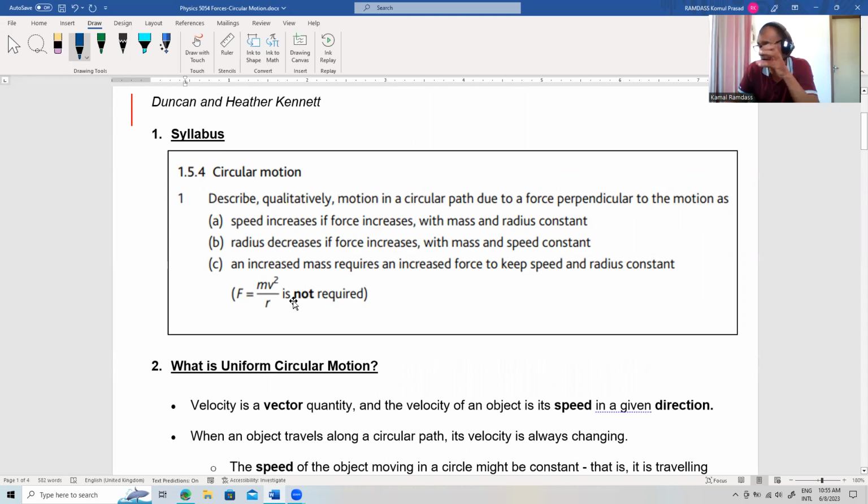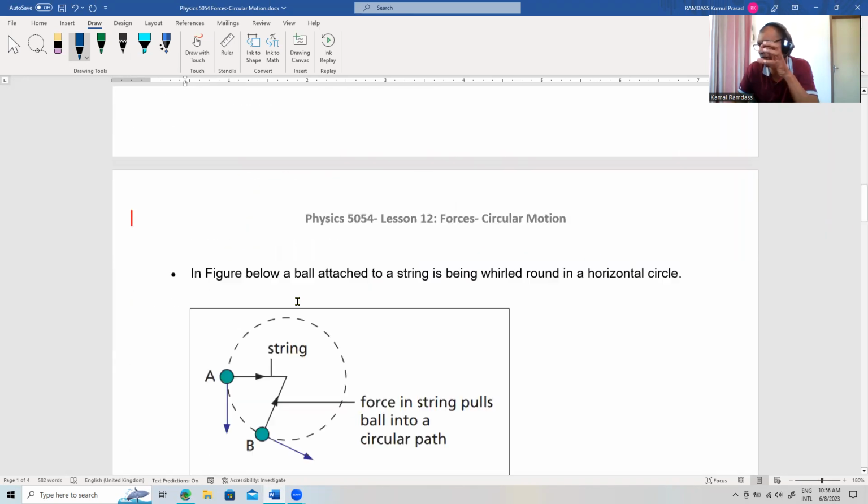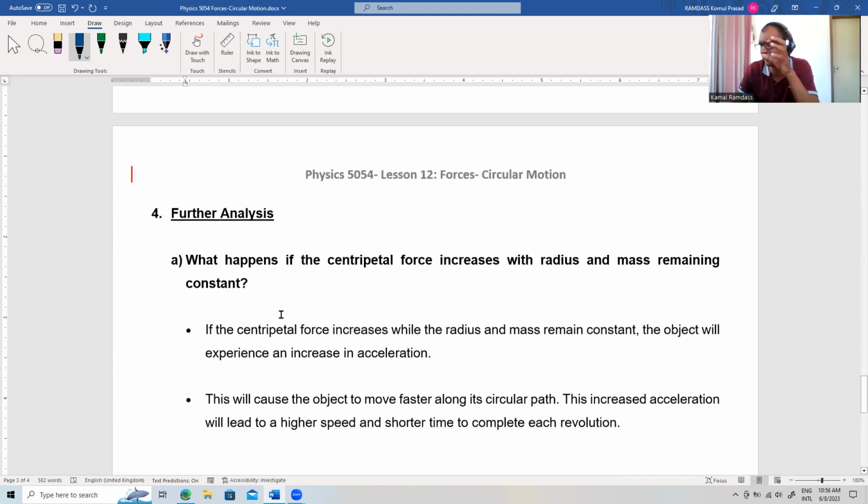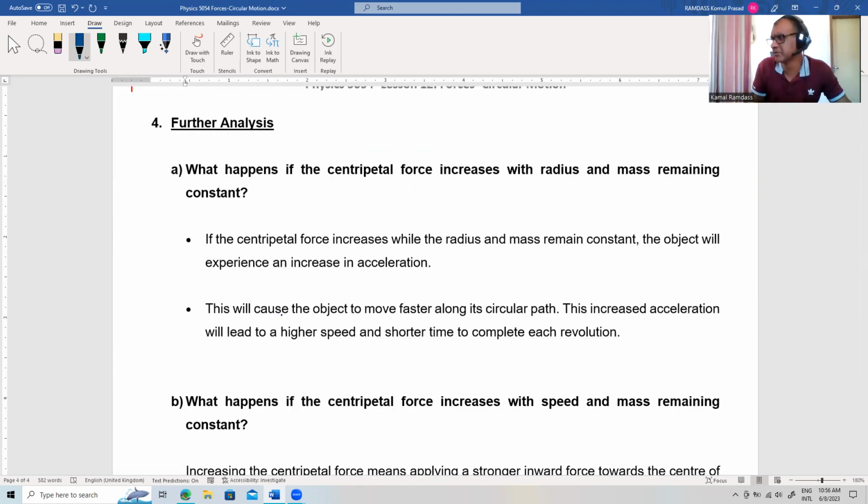Mais si nous la connaissons, c'est bon pour nous, et là, nous ne pouvons pas faire aucune erreur dans la déduction, dans l'analyse. Par exemple, ici, si on applique F est égal à mv square over R, dis-moi, qu'arrive-t-il if the centripetal force increases, the force increases, radius and mass remain constant?